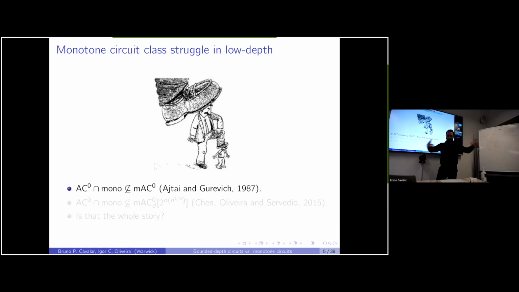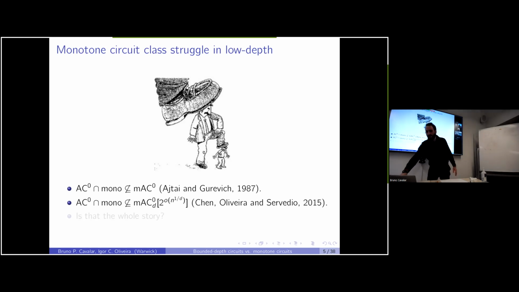So it can have an unbounded number of inputs going to any gate. And Ajtai and Gurevich in 1987 proved that there is indeed a monotone problem in AC0 that cannot be computed by its corresponding monotone model. And only recently this was extended to an exponential lower bound, but it's still for monotone AC0 circuits.